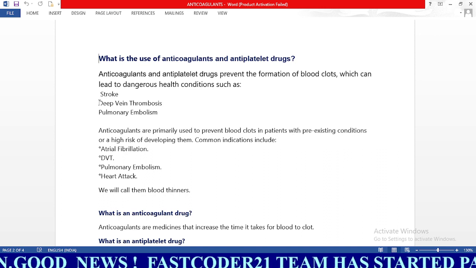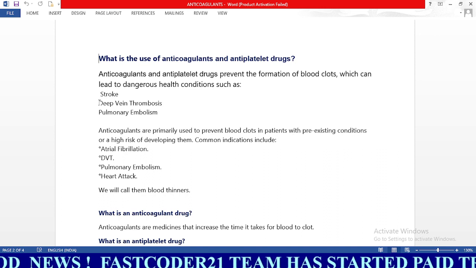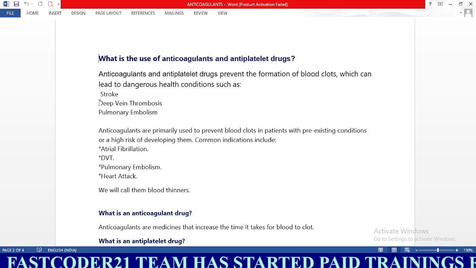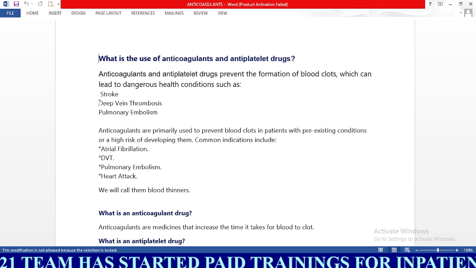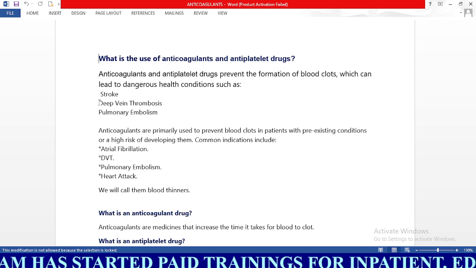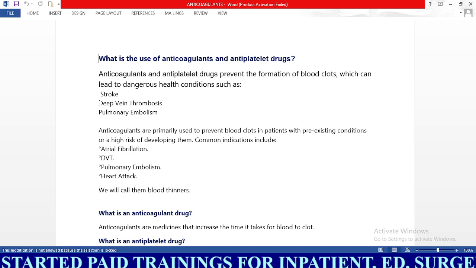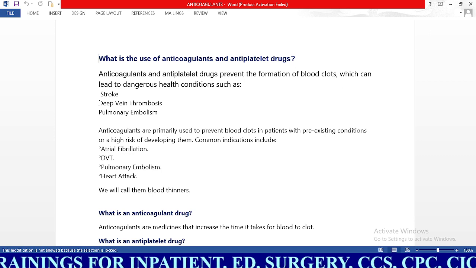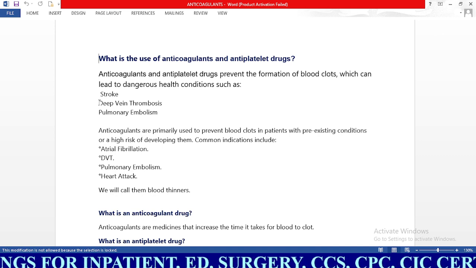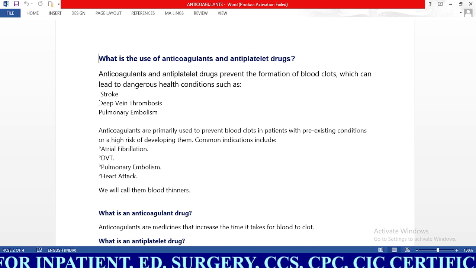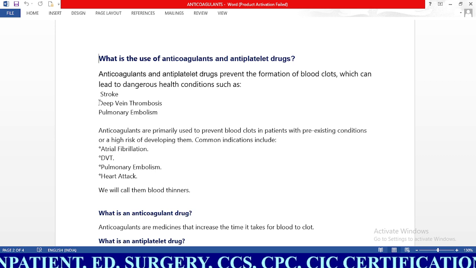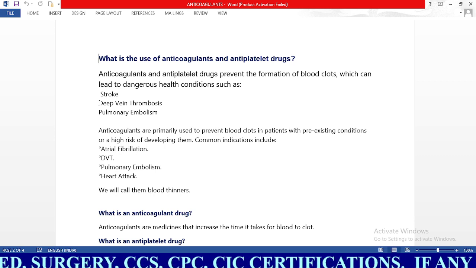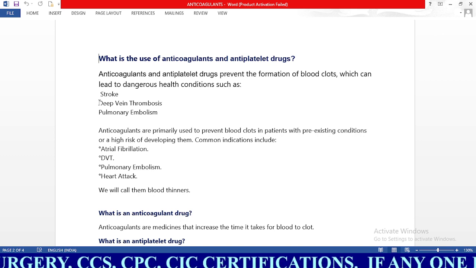If the patient has a pre-existing condition of atrial fibrillation, DVT, pulmonary embolism, or heart attack, we need to code long-term use of anticoagulants and antiplatelet drugs based on the available documentation, because the patient needs to take these drugs in order to prevent blood clots.